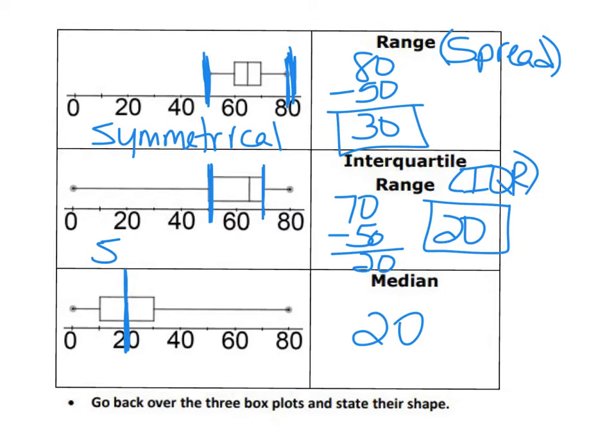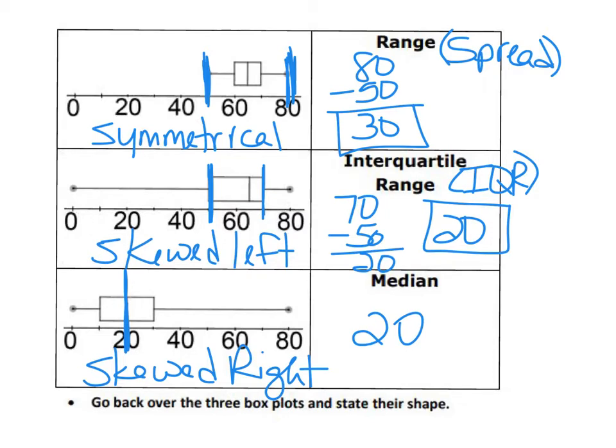You're looking for the tail. That's what you're looking for. Okay, and let's look at the last one. Again, you're looking at the box plot, only. Skewed left, skewed right, or symmetrical? Skewed right, because the tail is on the right.